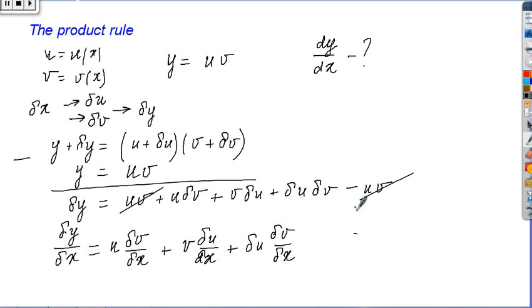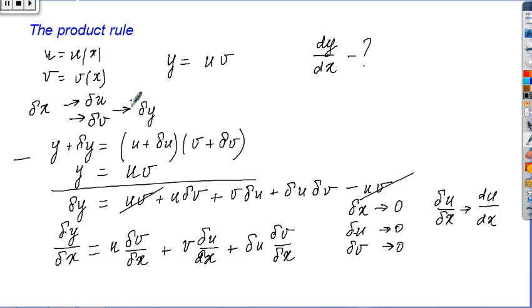When our delta x tends to 0, our delta u and delta v also will tend to 0. But also, delta u by delta x will tend to the normal derivative du by dx, because that's what the definition of derivative is, right? And so delta v by delta x will be dv by dx.